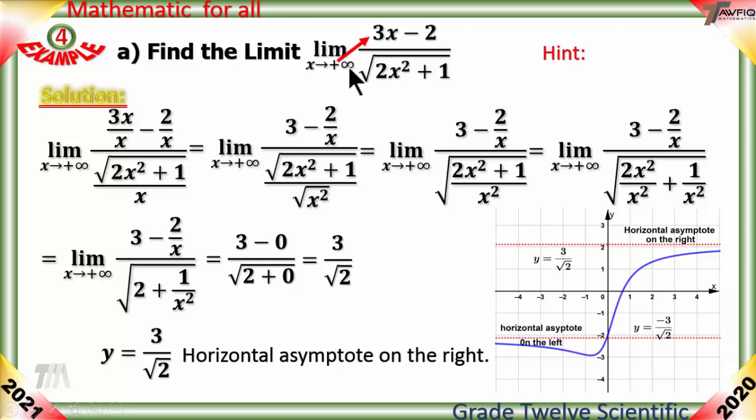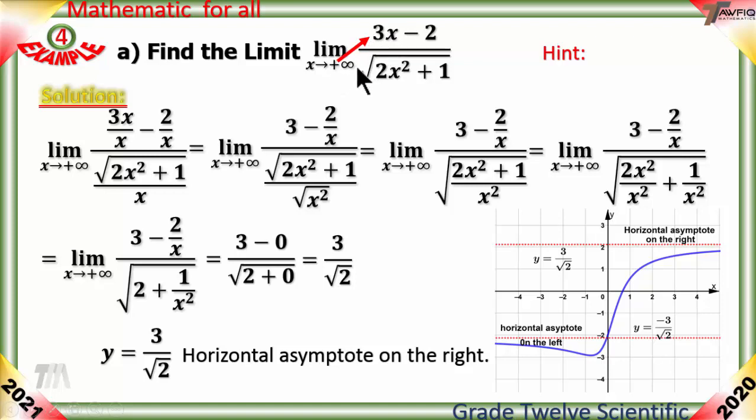And now to find this limit the fast way, only multiply the sign positive and the sign of x here, the sign of the x with the greater power. Positive times positive is positive.